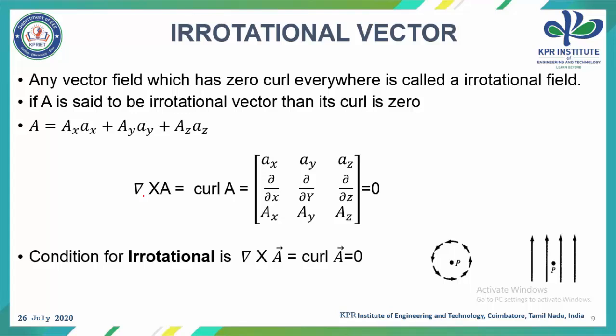Now del cross A, that is curl A, equals the determinant of ax, ay, az; dou by dou x, dou by dou y, dou by dou z; Ax, Ay, Az. This result is 0. Now the condition for an irrotational vector is del cross A is 0. Look at these two figures, which is a curl, which is not a curl. This one is rotating, so it is a curl; this one is not a curl. So this is an irrotational vector.